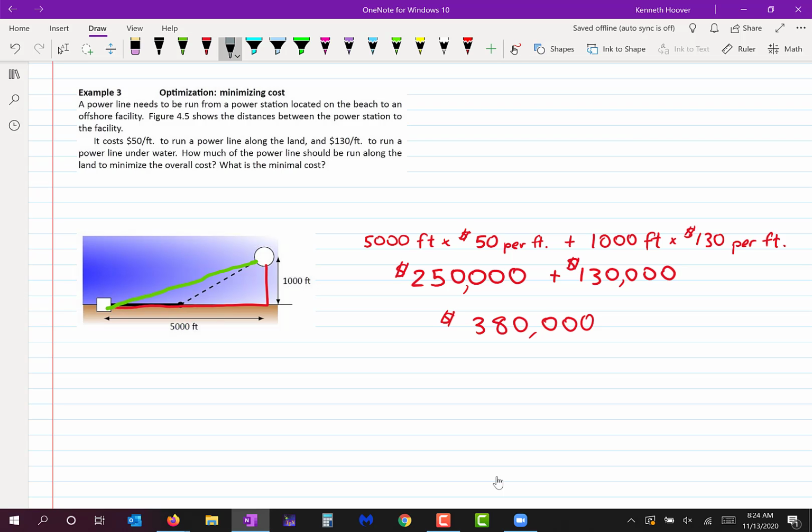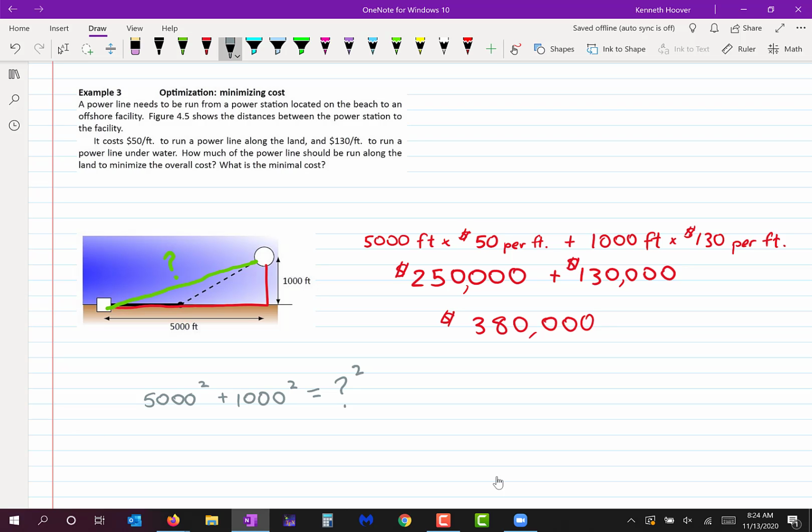I'm going to use the Pythagorean Theorem. I'm trying to find that distance out there. Okay, we know how to do that. We know that 5,000 squared plus 1,000 squared should equal question mark squared, right? Well, that's actually 5,000 feet if you want to write feet in there.